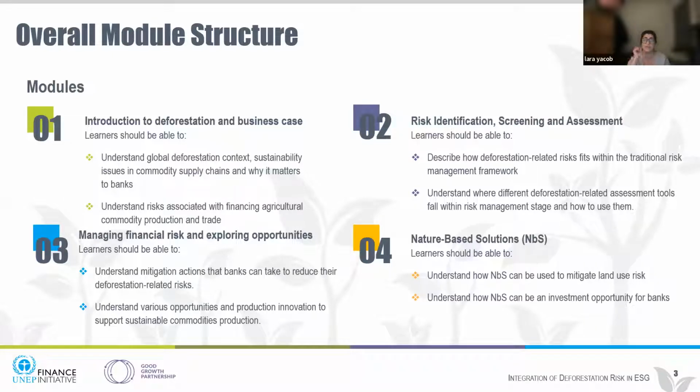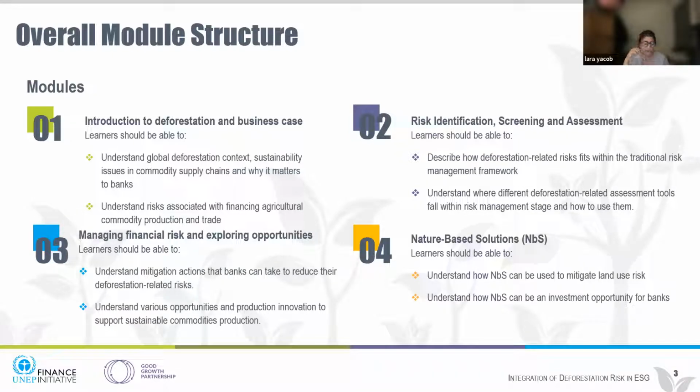As I mentioned, it's a compressed training covering 4 modules in total. The first module introduces the topic of deforestation risk in the broader sustainability agenda, and why it presents a risk to banks. Modules 2 and 3 detail how those risks are identified, interpreted and ultimately managed.